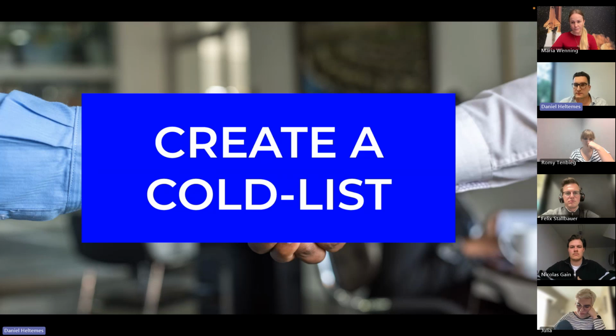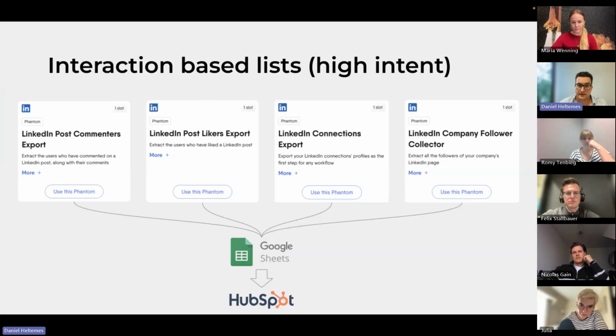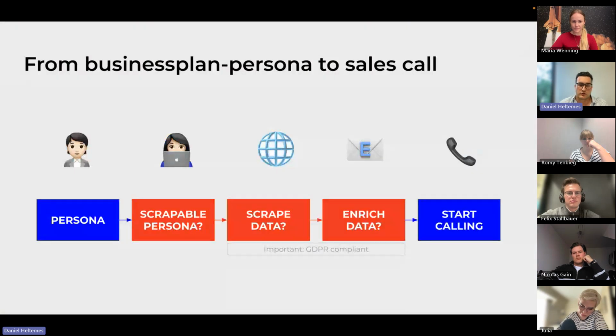So let's start with the basics by building a cold list. And the methods that we will use are the same methods that you can also use for building interaction-based lists or automatically updated lists. So we'll start very basically.